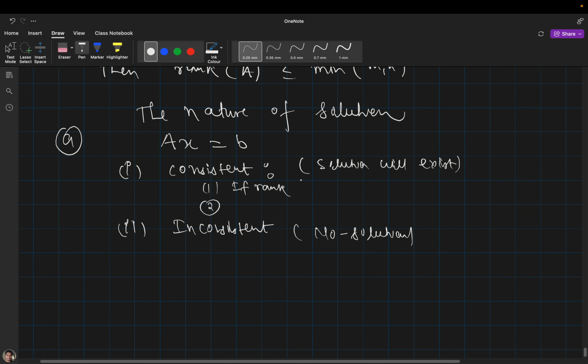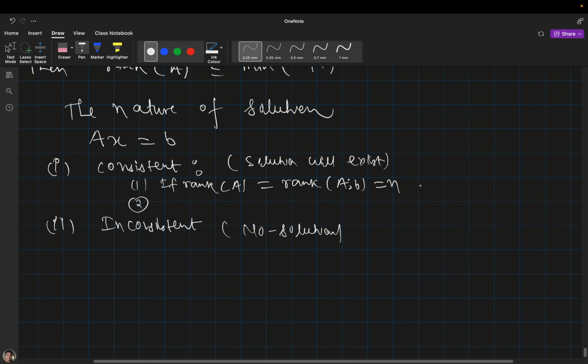If rank of A equal to rank of augmented matrix [A|B] is also equal to n, then it will have a unique solution.